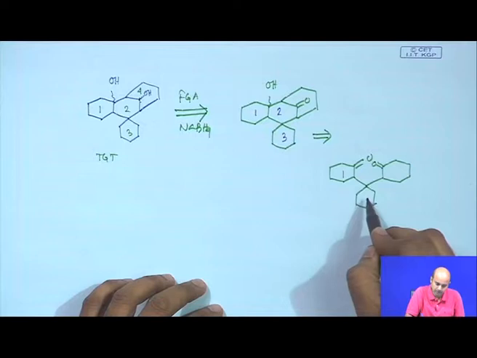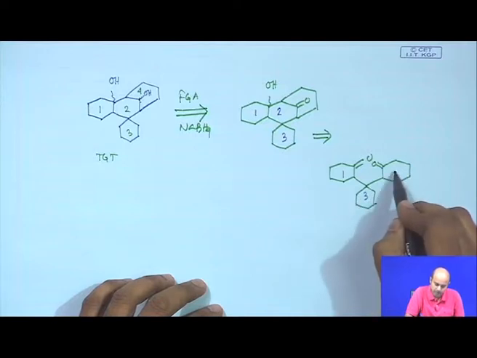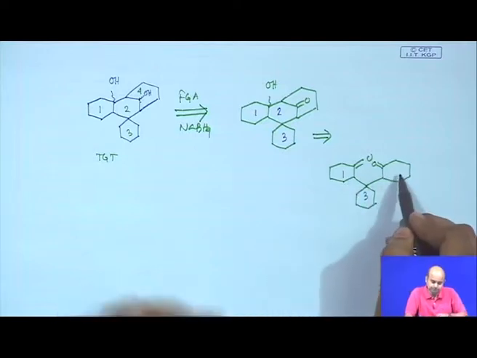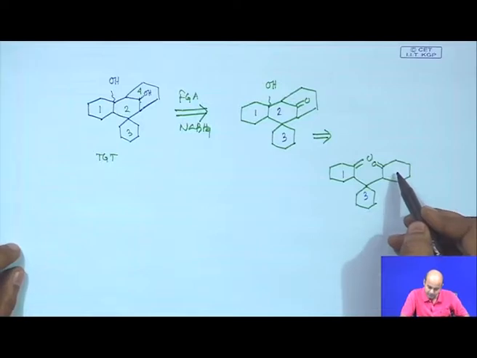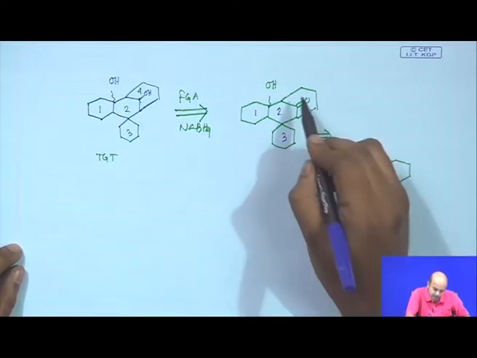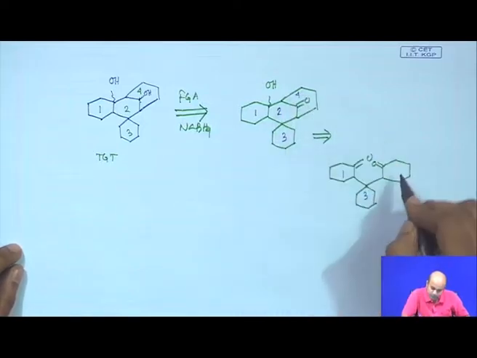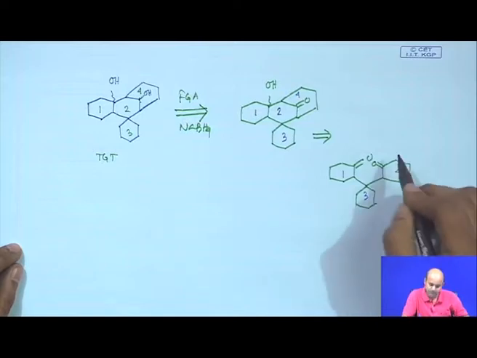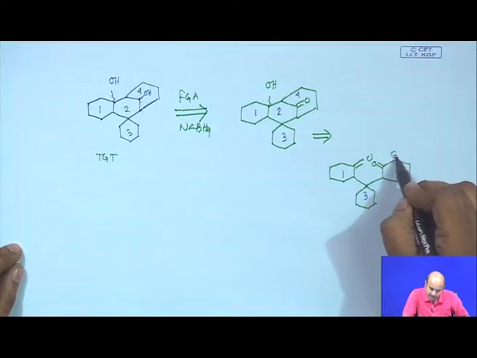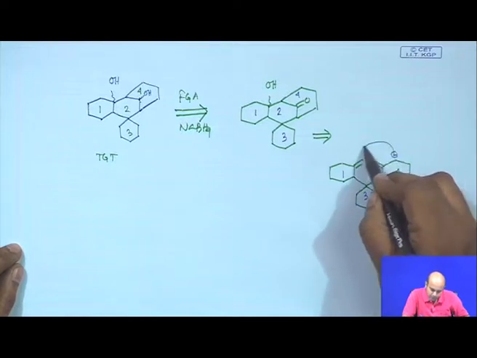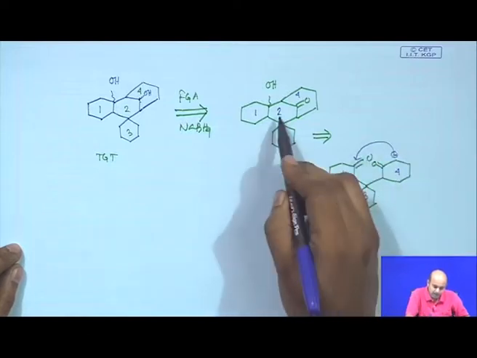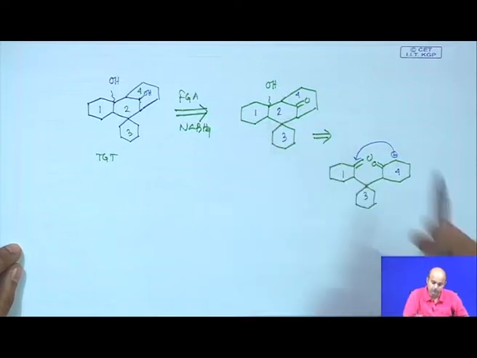So, 1, 3. Now, this one is a 4. So, what am I doing? We are basically doing an aldol type of reaction to close this ring 2.